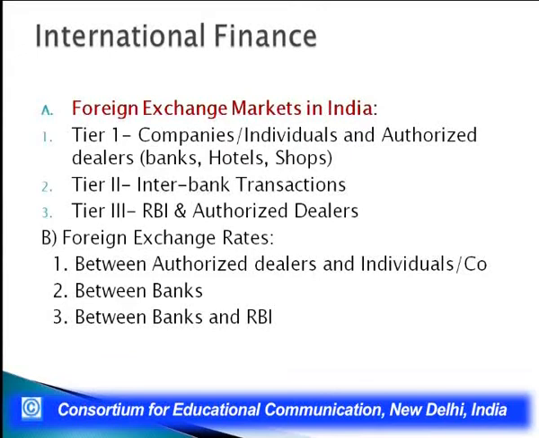You will never get a reply if you approach a banker and you want to buy foreign exchange. Most of the branches are not authorized. They will reach out to their branch which is authorized, or what we call an authorized dealer. So you will not get foreign exchange from all the branches.